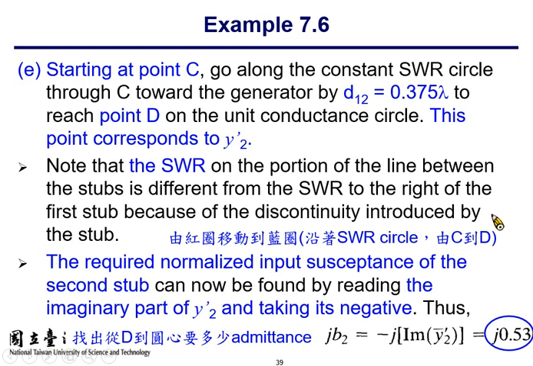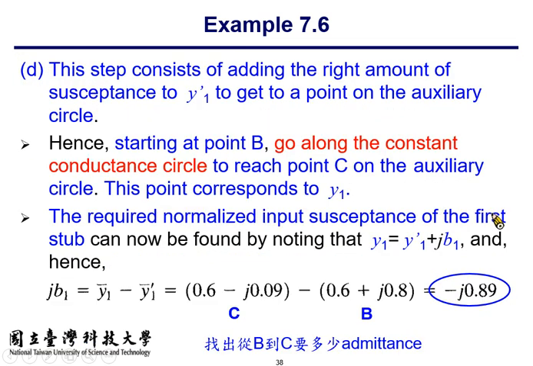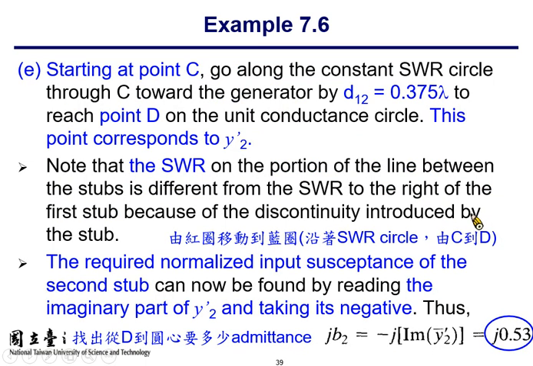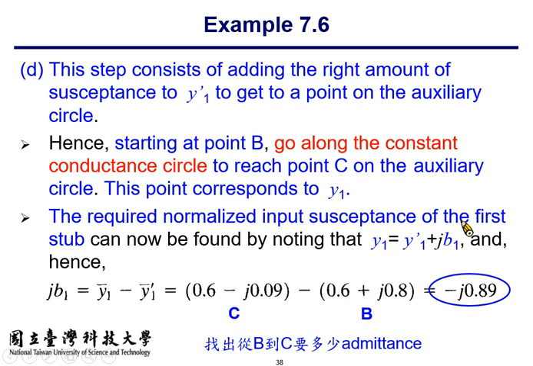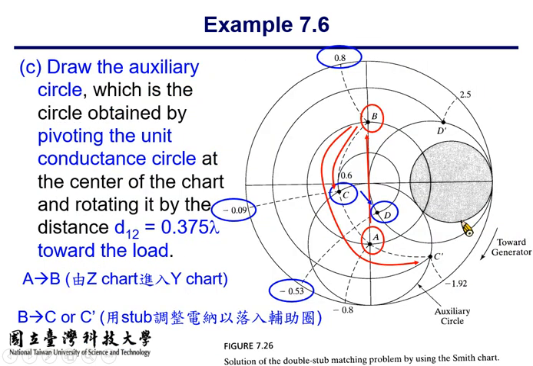And an important technique pertinent to the single stub design and double stub design, and also pertinent to today's Zuvio test, is how to find the short stub length according to the required susceptance.